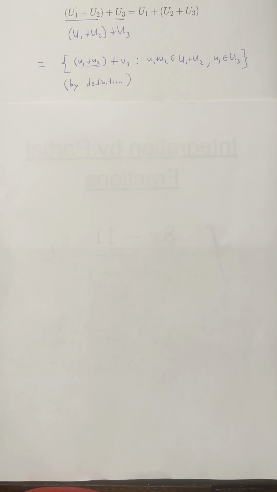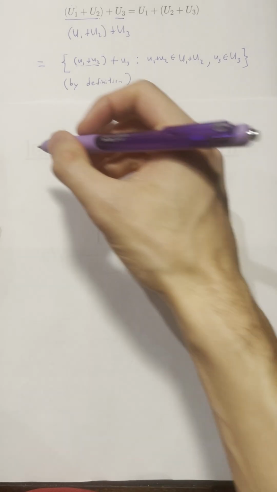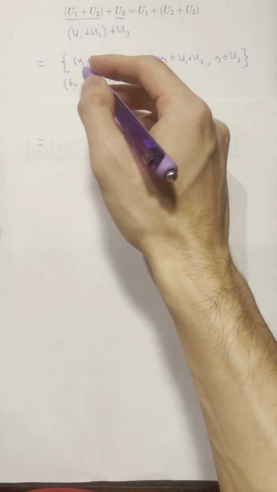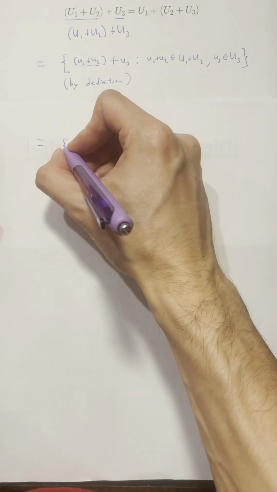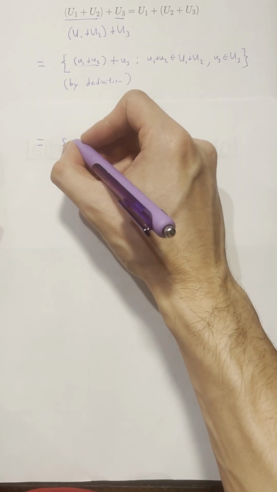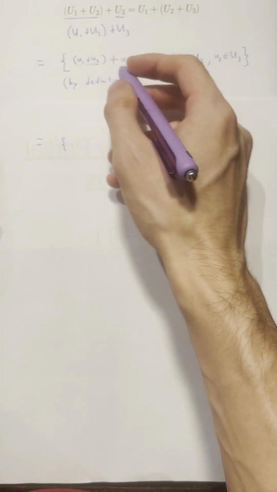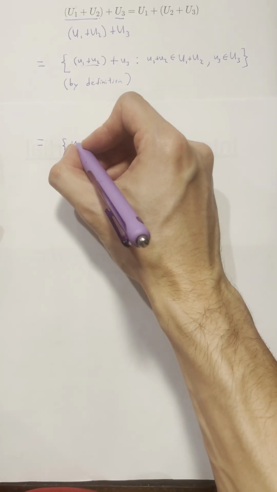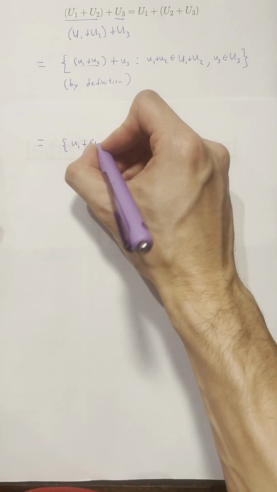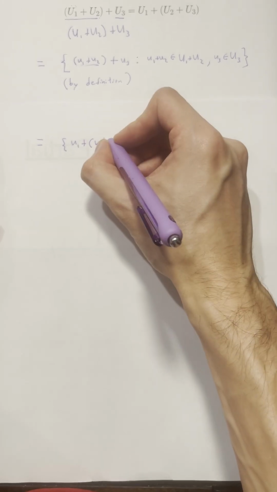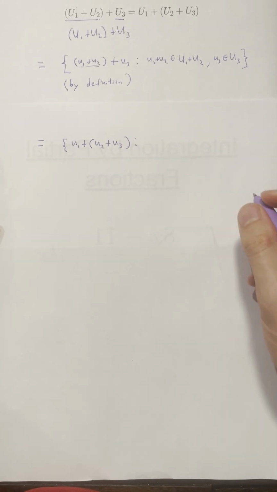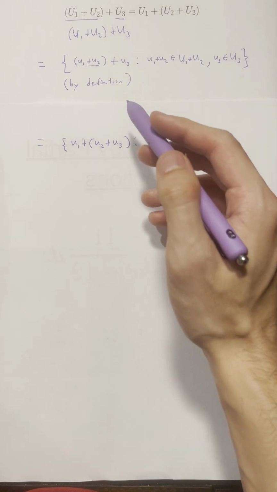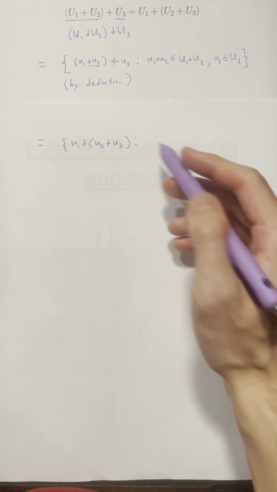Okay, we're going to do a little bit of wishful thinking here, and we're going to pretend that we are able to change this part to u1 plus parenthesis vector u2 plus vector u3. Okay. What would go after the colon?